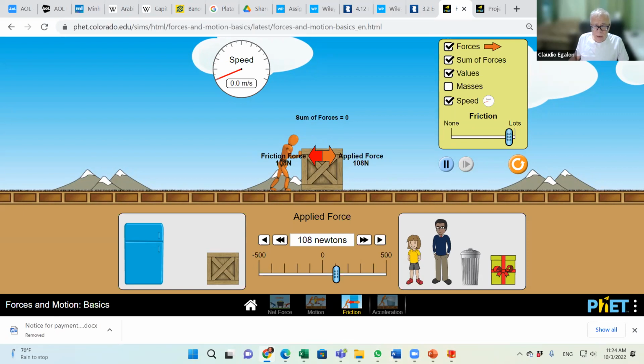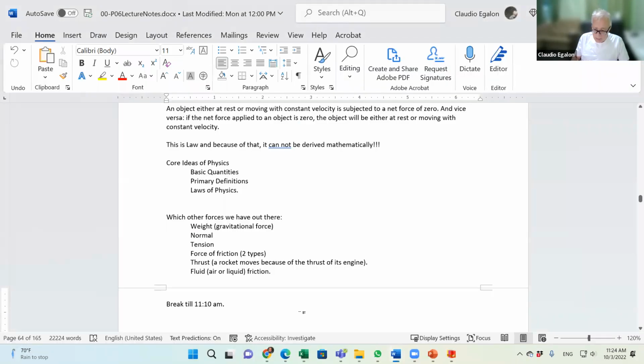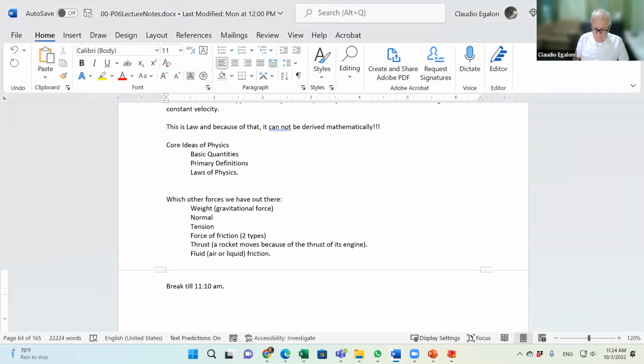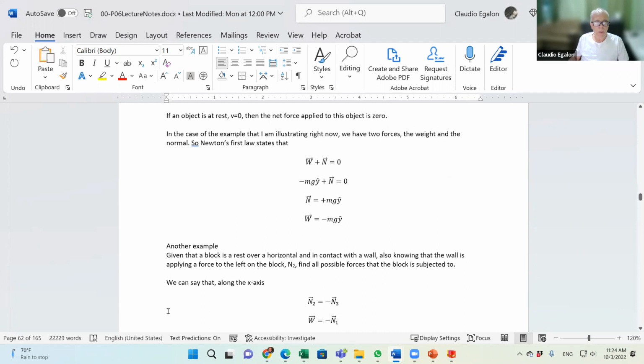So that's the next law that you have to know. Newton's second law of motion. It is an equation.